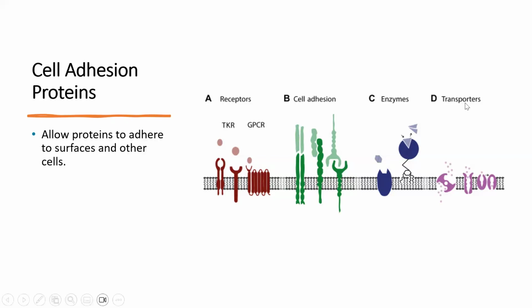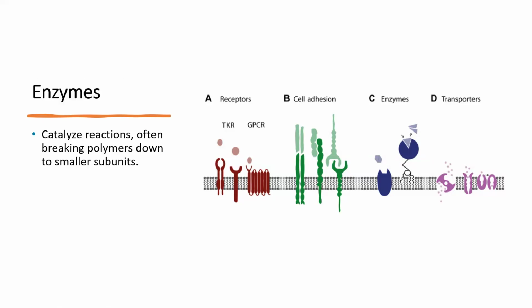Now we have cell adhesion proteins like these over here. These allow your cell to adhere to the surface of other cells or to other surfaces. These cell adhesion proteins, when they adhere to other cells, are going to be fairly specific to certain types of cells usually.